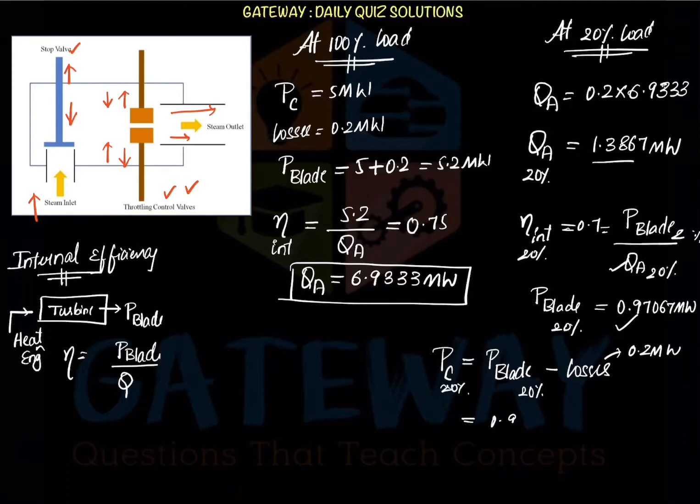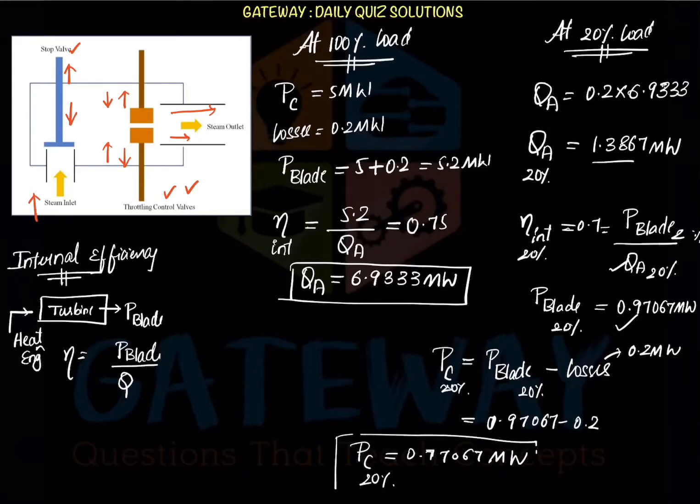So we will substitute the P blade that was obtained, 0.97067 minus 0.2. And from that we will get the power at the coupling at 20% load as 0.77067 megawatts. And that is our final answer to the question.